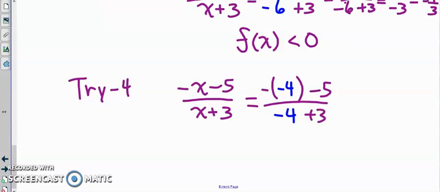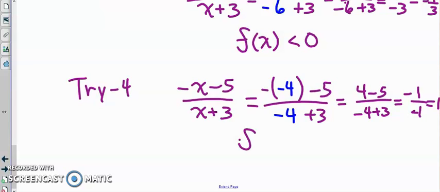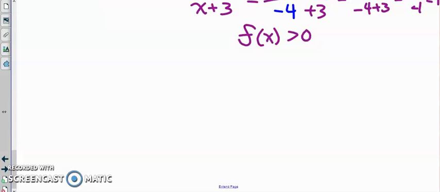And we should have this work out. So that gives us a positive 4 minus 5 over -4 plus 3. So that's -1 over -1, which is positive 1. Yay! So that means it's positive, and that's what we need. So we get f of x is greater than 0. That's what we need. So far that's good, and that matches what we said already when we did this graphically.